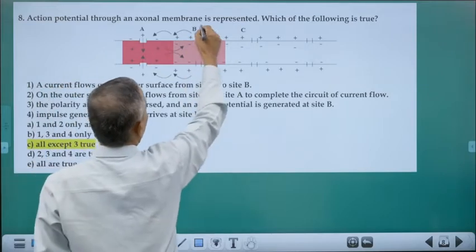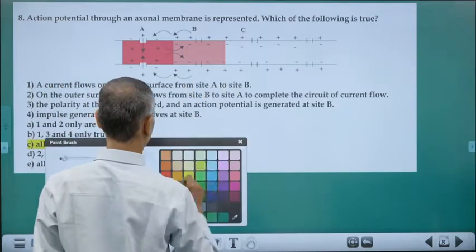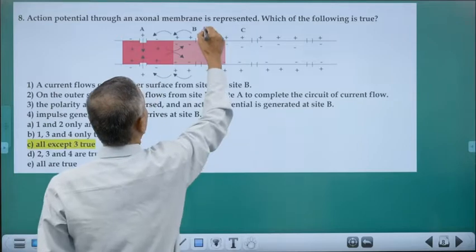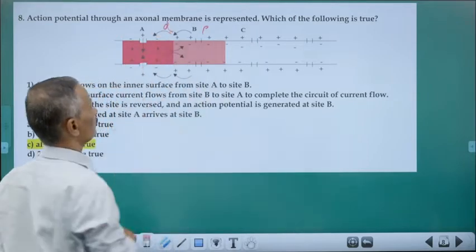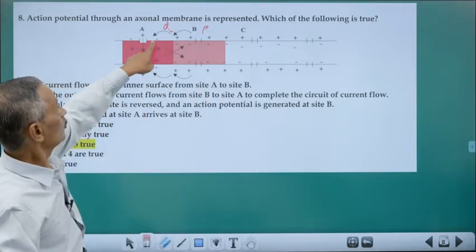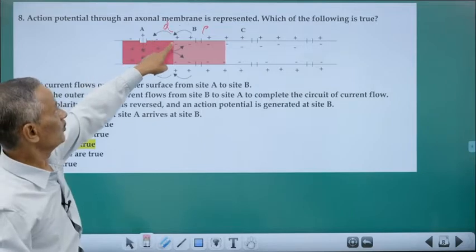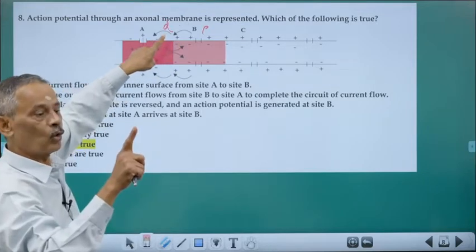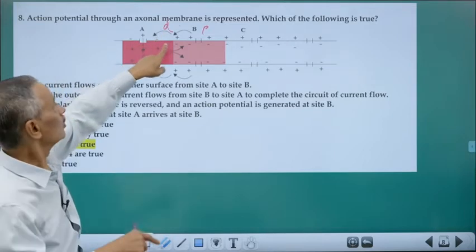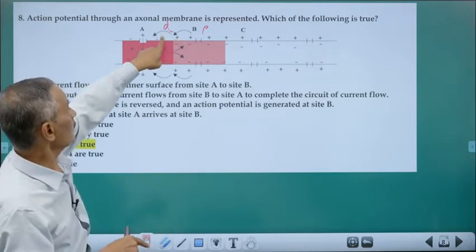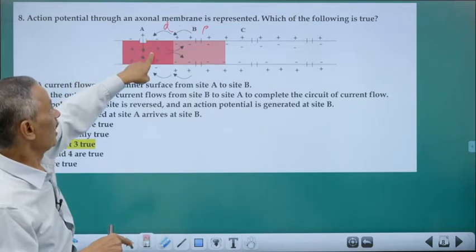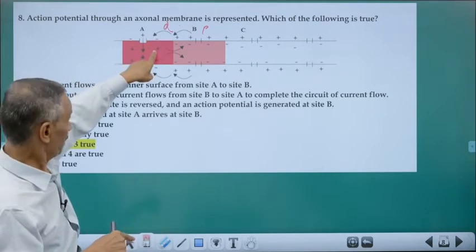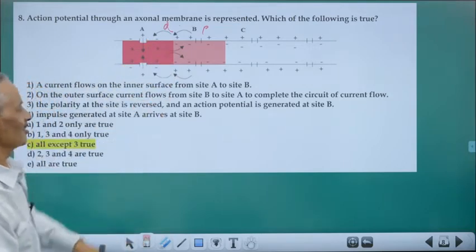This is polarized and this is depolarized. Outside is negative, that's why it is depolarized. This is polarized, outside is positive. Charges flow from positive to negative. So on the outside they flow from polarized to depolarized, and on the inside from depolarized to polarized. That's the clue.